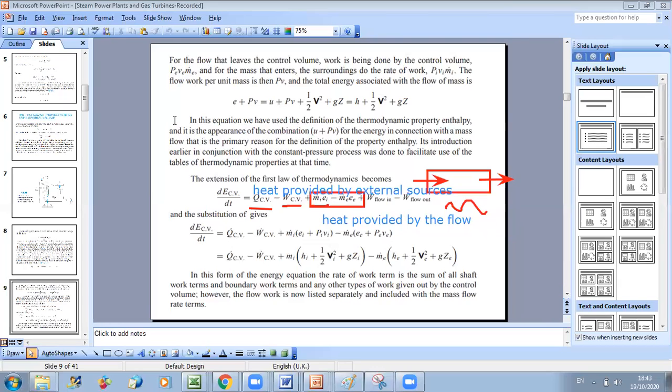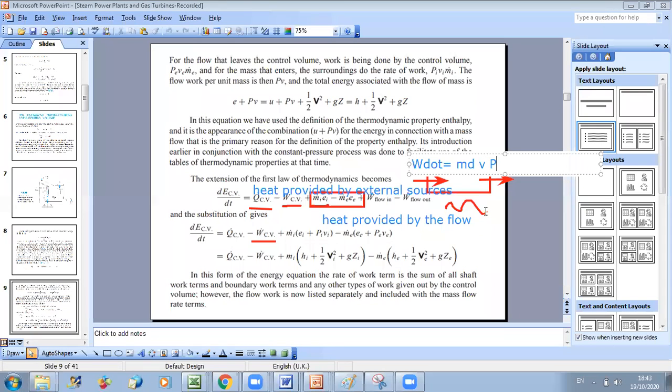For the work, we should take into consideration any work done by external sources, but also the flow work. And we just defined together, what is the definition of flow work? W dot is equal to m dot times specific volume times pressure.